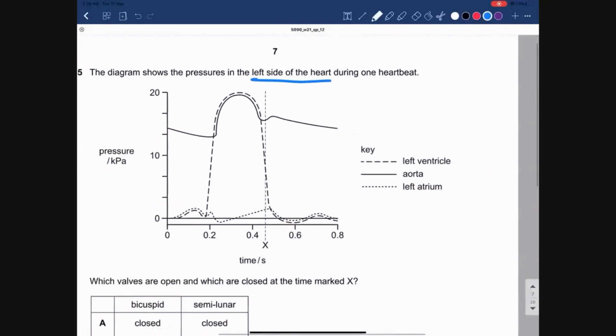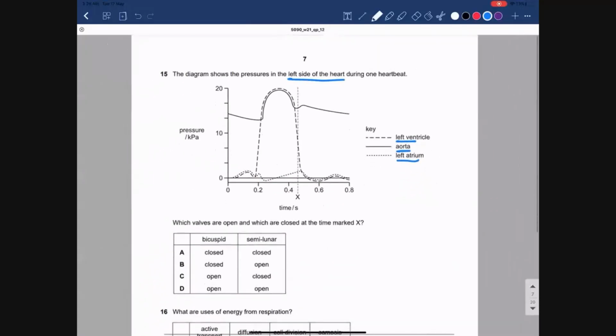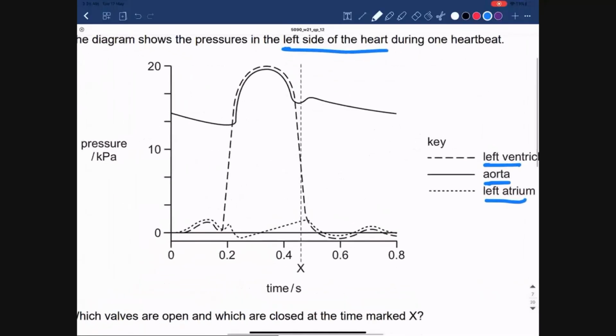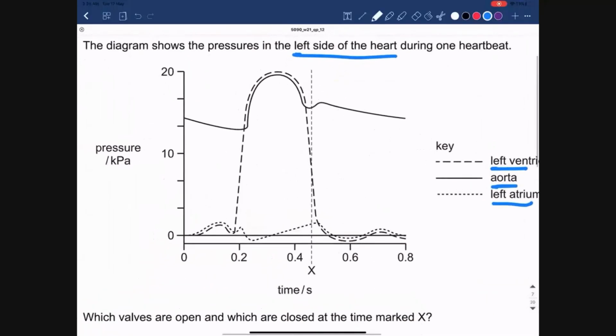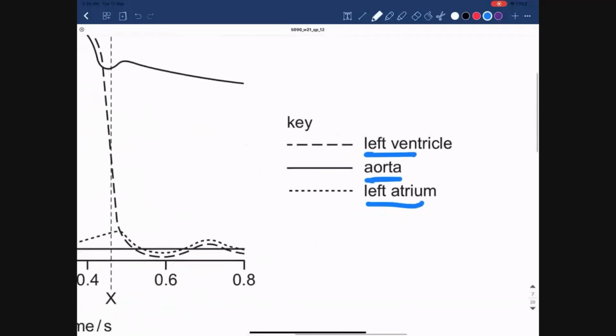The left side of the heart includes the left ventricle, the left atrium, and aorta. To solve these MCQs in just a few seconds, I have a tip for you. Basically, this graph shows the pressure changes in 3 parts of the left side of the heart: left ventricle, aorta, and left atrium.